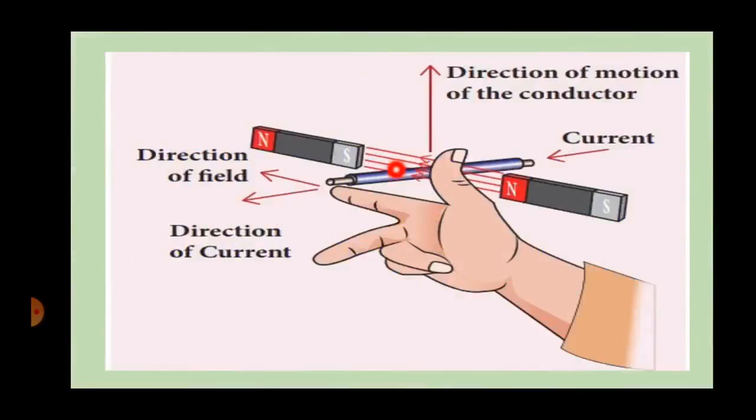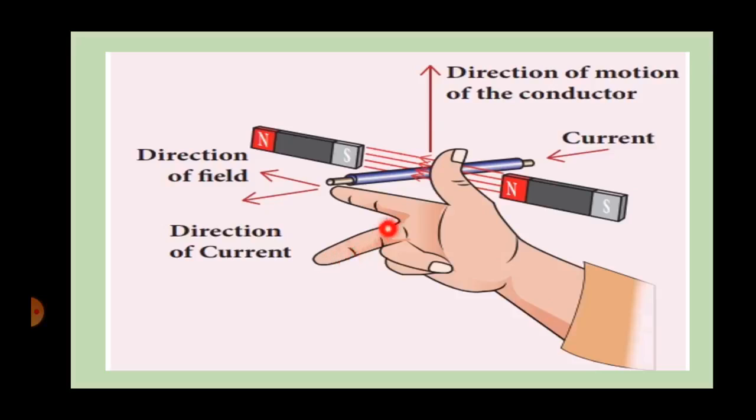Now see, this is the right hand rule. Take three fingers: thumb, forefinger and middle finger. The thumb is in the direction of motion of the conductor, the forefinger in the direction of the magnetic field, and the middle finger in the direction of current.